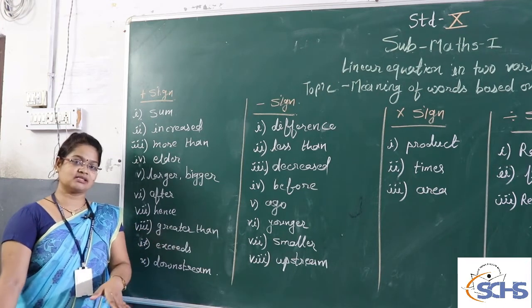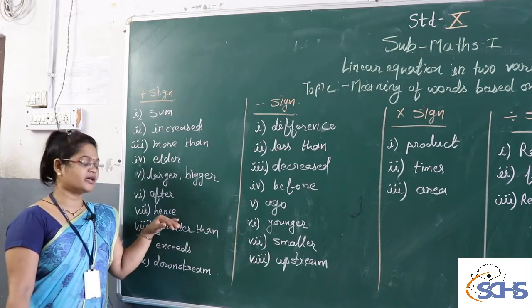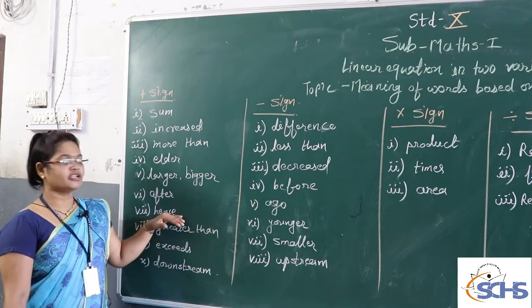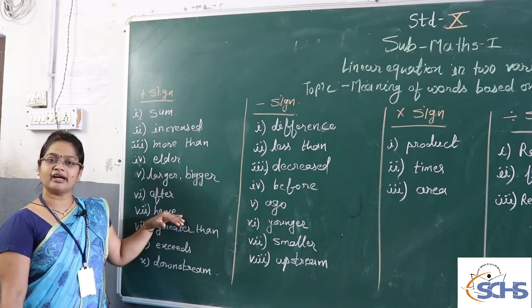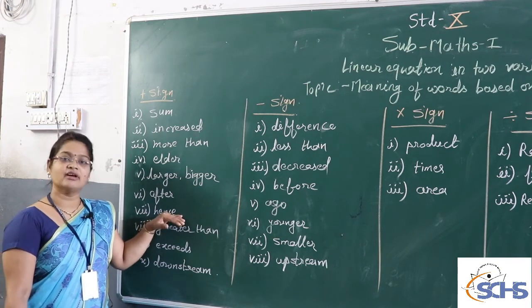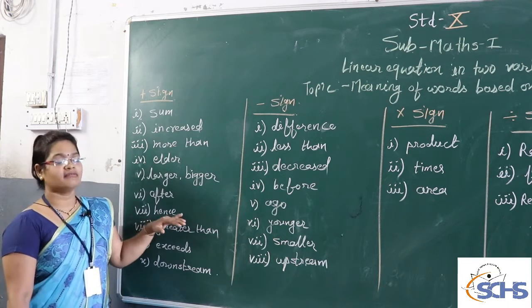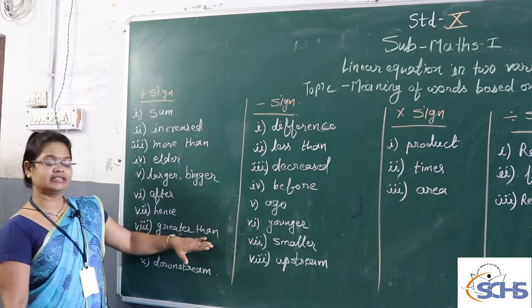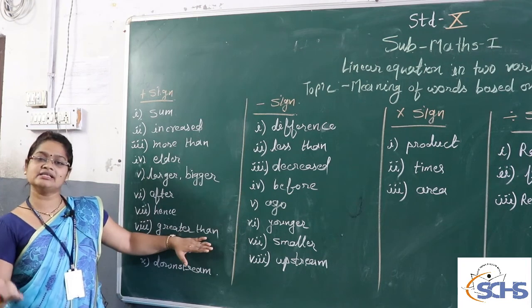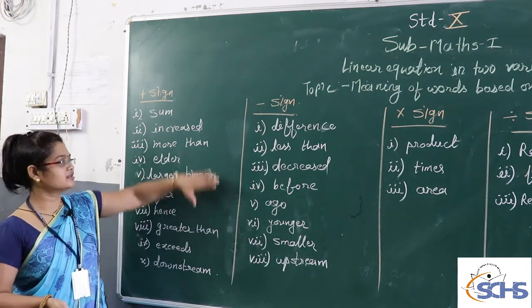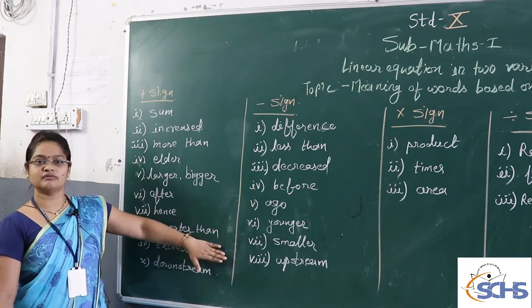Suppose we take the age of Ram as x and the age of Sham as y, then the age of Ram after 5 years will be x plus 5, and the age of Sham after 5 years will be y plus 5. Then greater than: greater than and more than are the same thing, that's why here also we will use the plus sign.